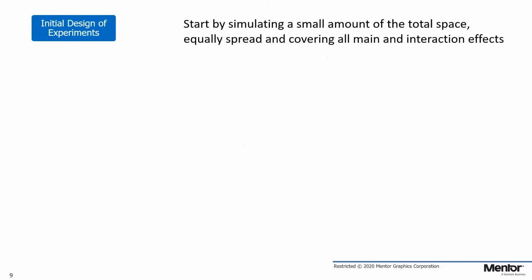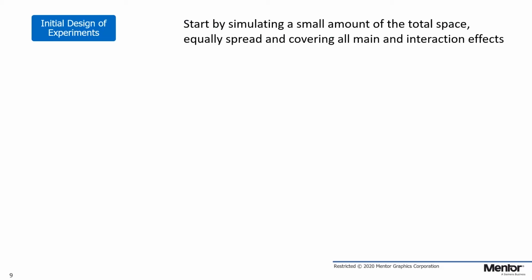We're going to simulate just a small amount of the total space, maybe 1% or 2% or even less in a lot of cases. As little as we possibly can to start learning about the main effects and the interaction effects. The interaction effects in this space are really important, and you need to shake those out too. So this is a really lean design of experiments.